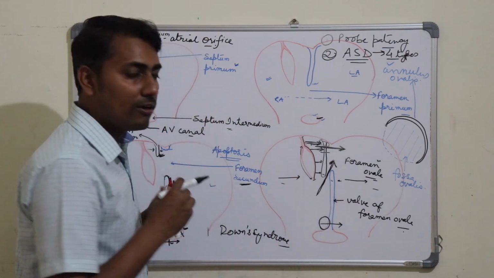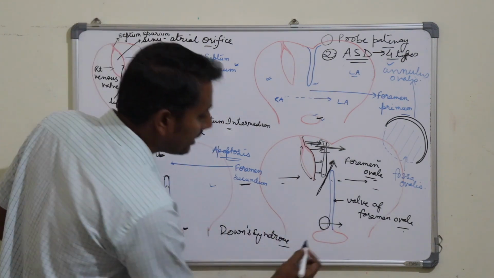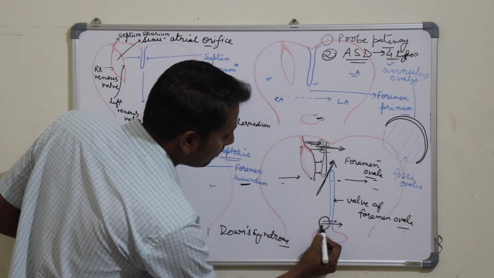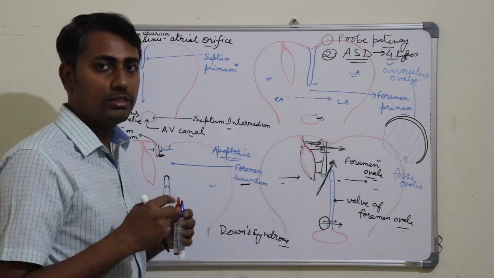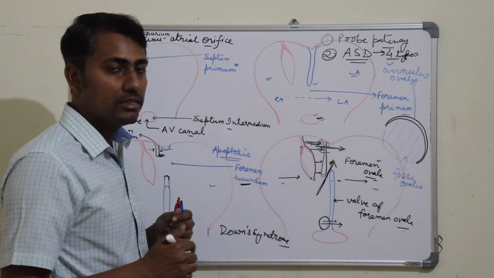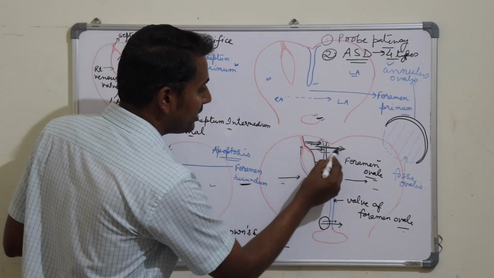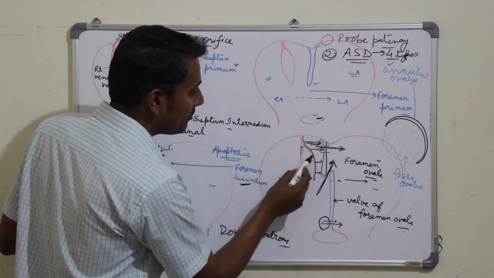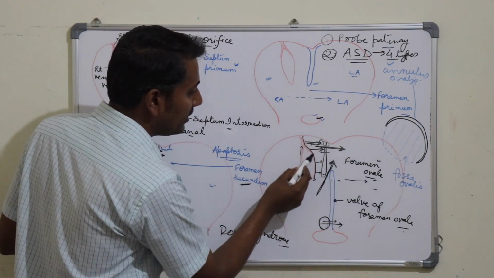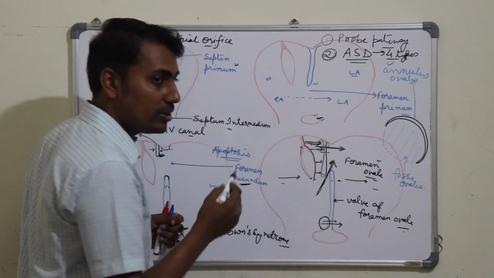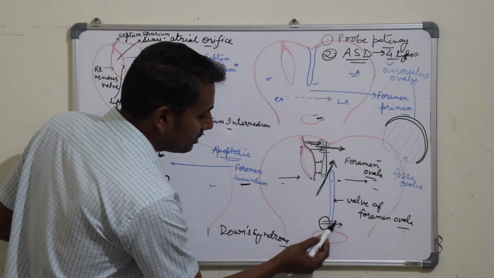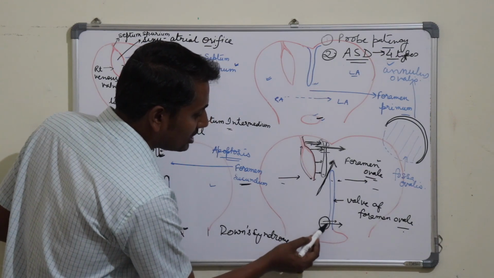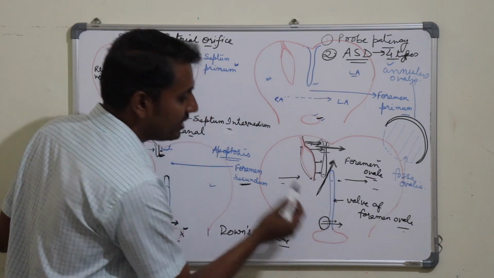Therefore, due to the non-formation of these valves, there can be a defect in this lower part of the septum primum. So we can say here that the defect lies in two areas. The most common is the upper part of the interatrial septum, just in relation with the opening of the superior vena cava. Also, sometimes, very rarely, it can be found in the lower part of the interatrial septum, in relation with the opening of the inferior vena cava.